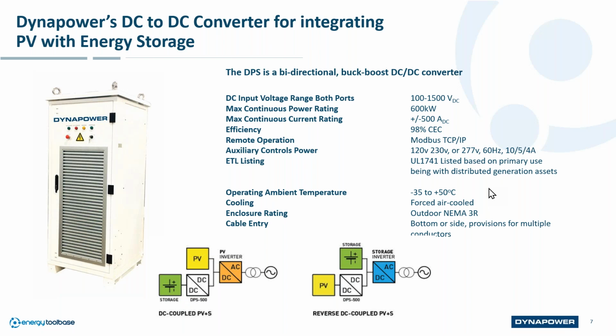If you want to provide resiliency and operate off grid, then you need the reverse DC coupled system shown in the other figure, where the PV is connected to the Dynapower DC to DC converter, and that charges the battery.